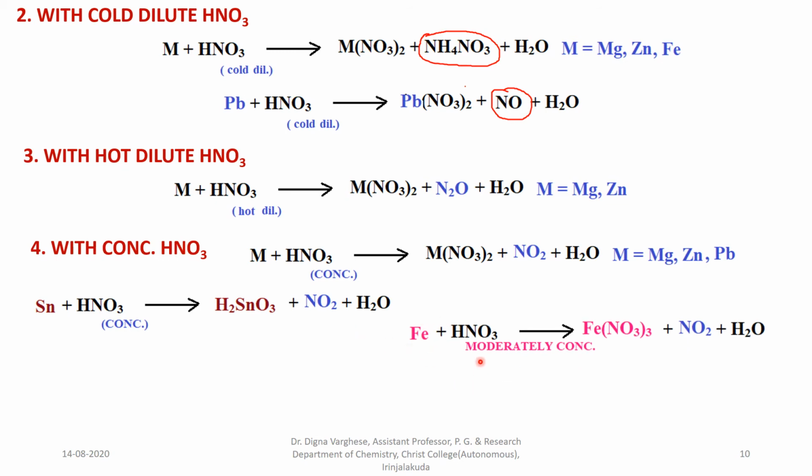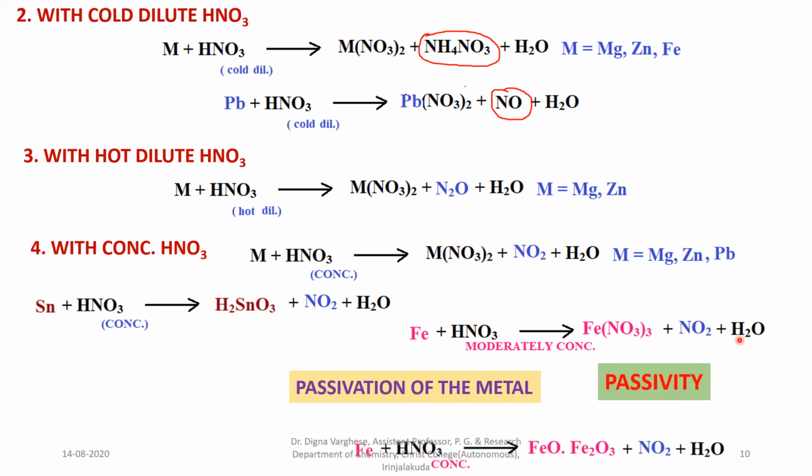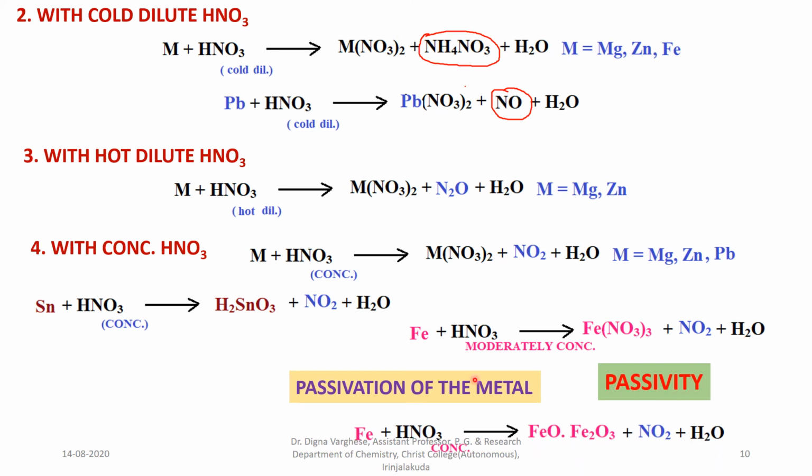If iron reacts with moderately concentrated nitric acid, it will give ferric nitrate, nitrogen dioxide and water. But when iron reacts with concentrated nitric acid, it will give a thin film of ferrosoferric oxide.